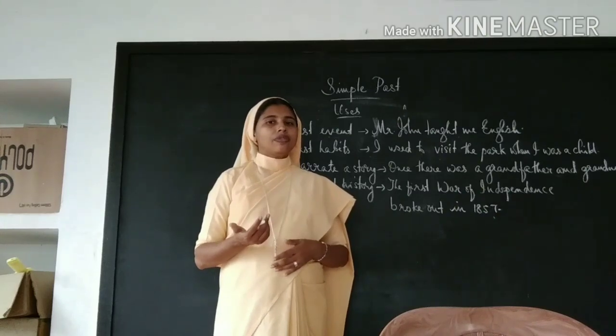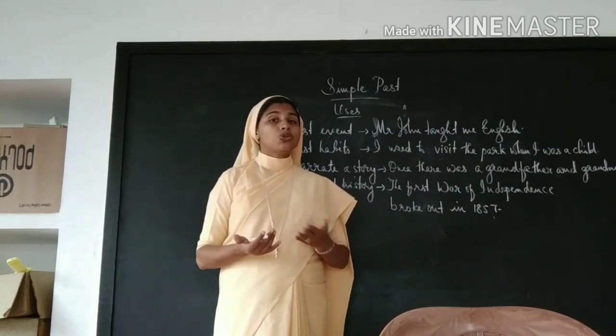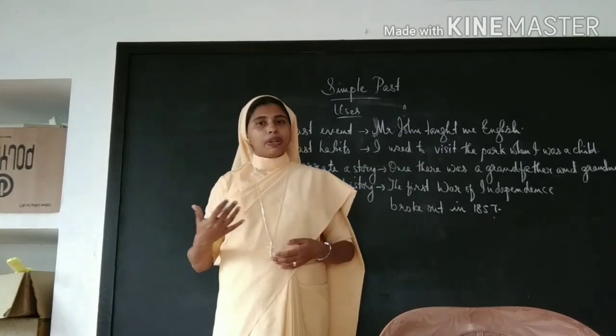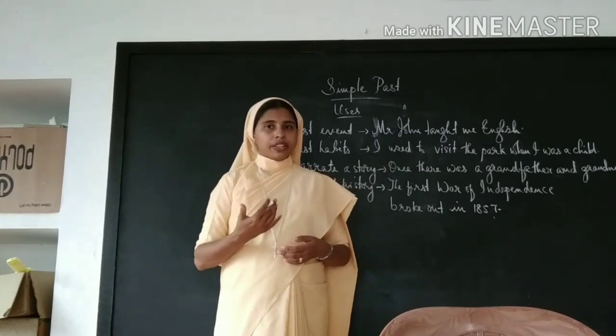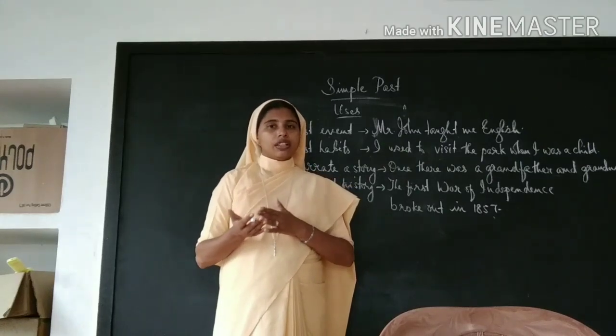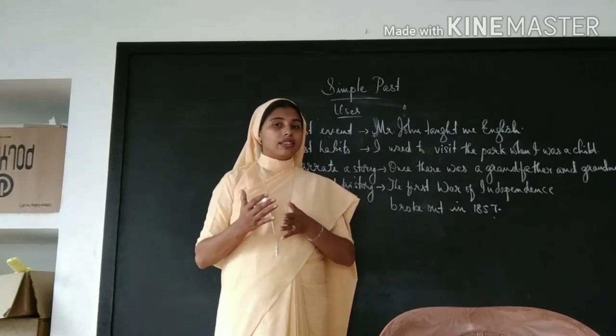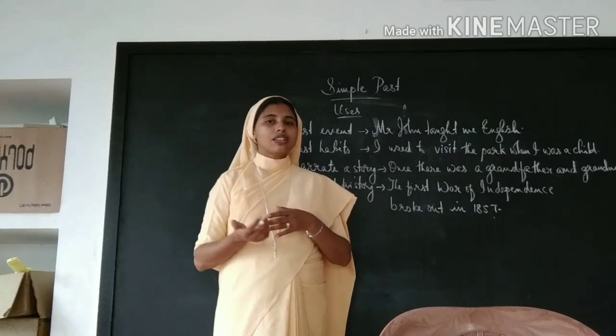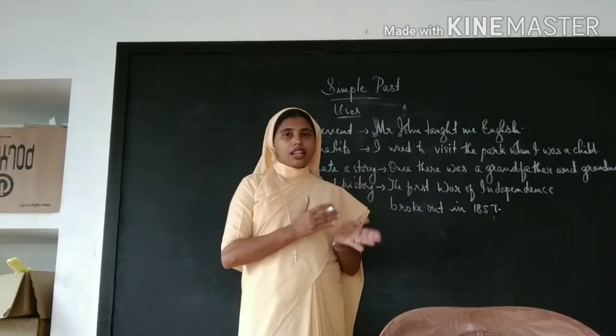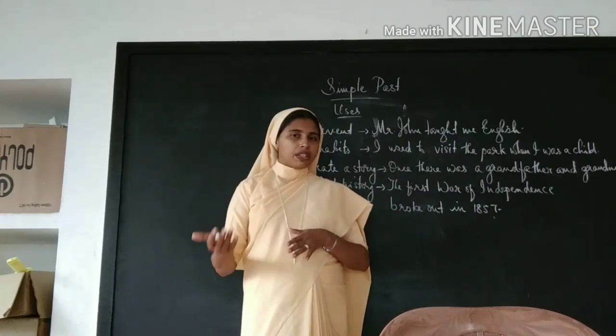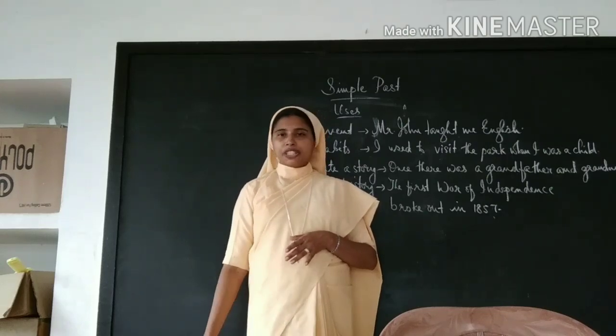Or I go to church. That's happening regularly. In order to say these things, we use simple present tense. In the same sense, if it happened in the past, we use simple past tense.